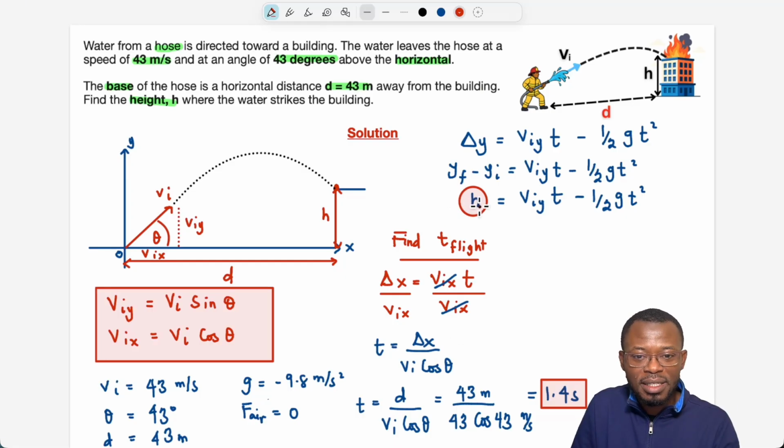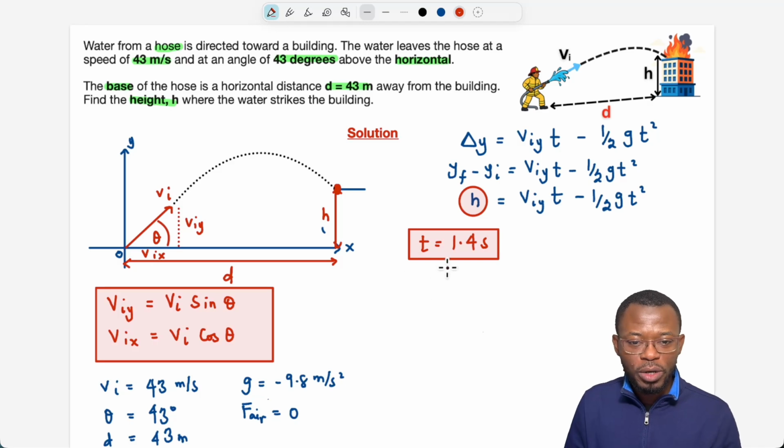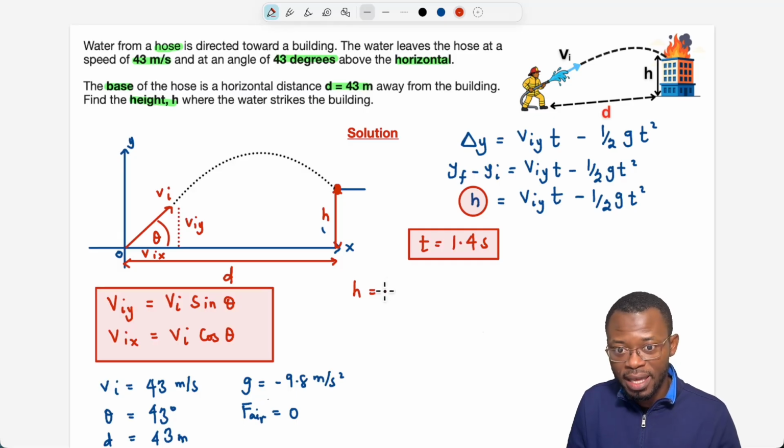Now we can find the height h. To find the height, we go back to h equals viy t minus 1/2 g t squared. We found the time t equals 1.4 seconds, and now we can use it. So the height h is going to be viy t, remember, not vi, but viy, which we found to be vi sine of theta.